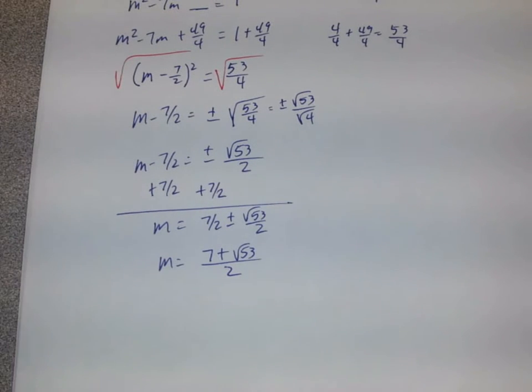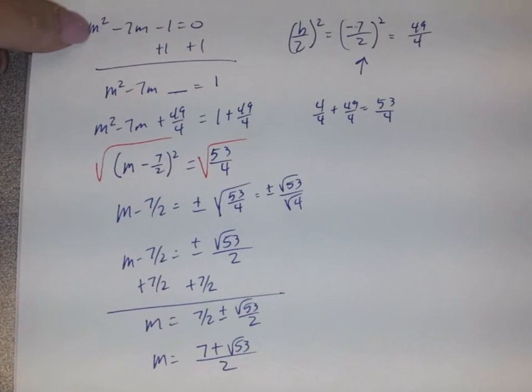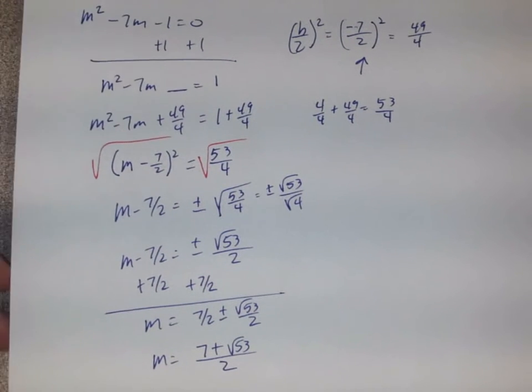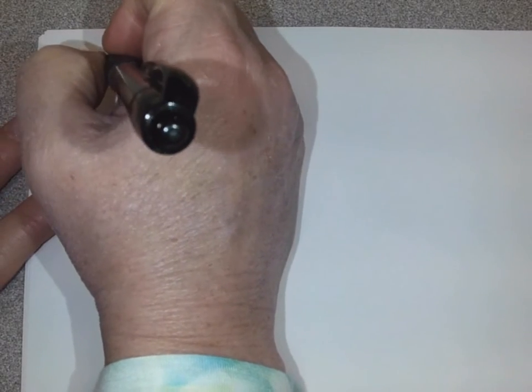All right, so let's do a problem where we don't have a 1 in the front of our variable. So I'm going to pull out a new sheet so that we have enough room to work the whole problem. So we have 2x squared minus 8x plus 3 is equal to 0.